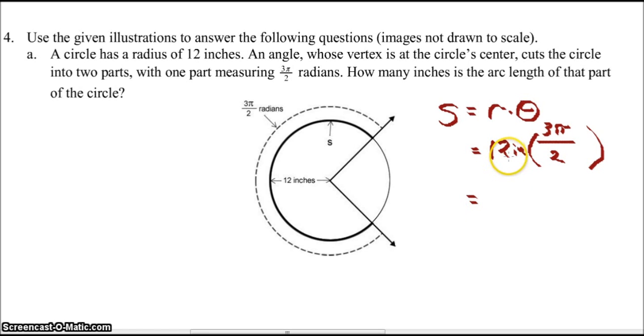Multiply those together. 12 over 2 is 6, times 3 is 18 pi inches, and we probably don't want to leave the pi in there since we're talking about inches, so 18 times pi. So about 56.5 inches.